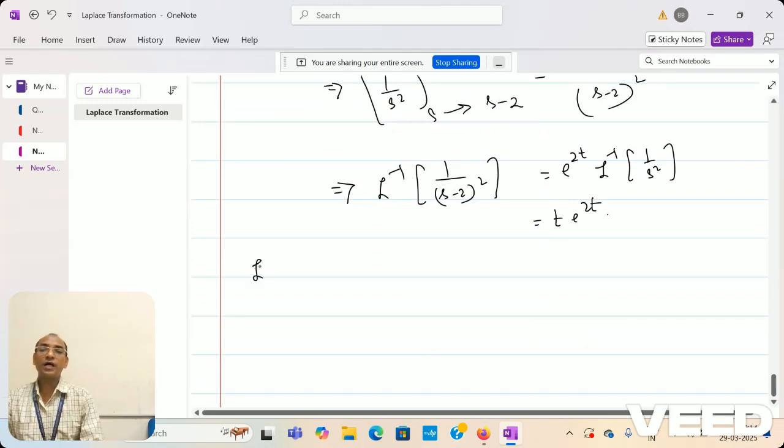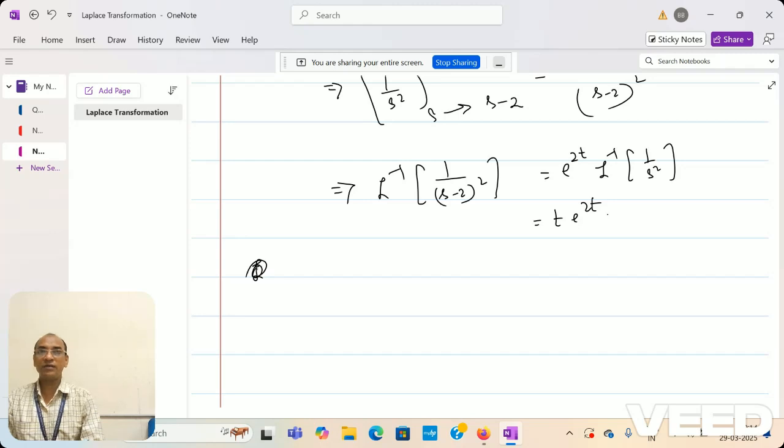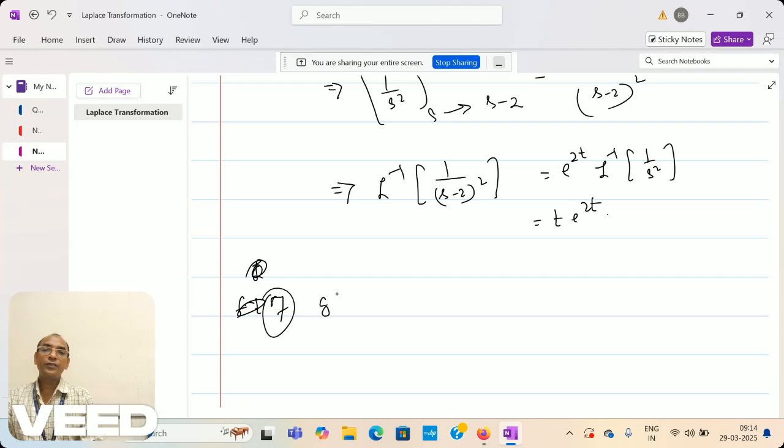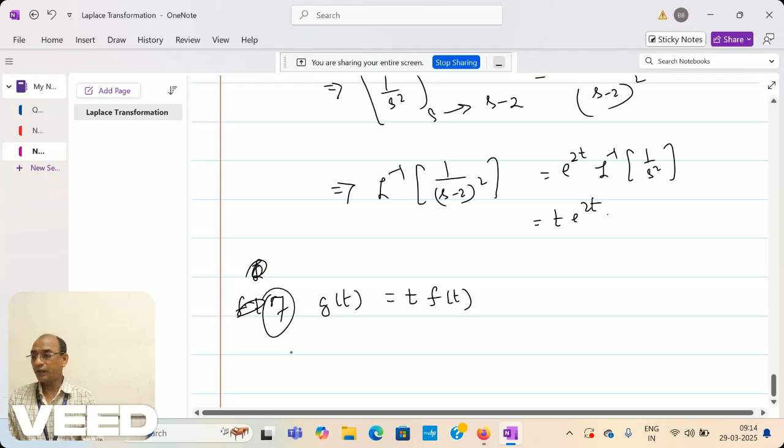Similarly, another property is the derivative of the Laplace transformation. If g of t equals t into f of t, how do we find the Laplace transformation of g of t?